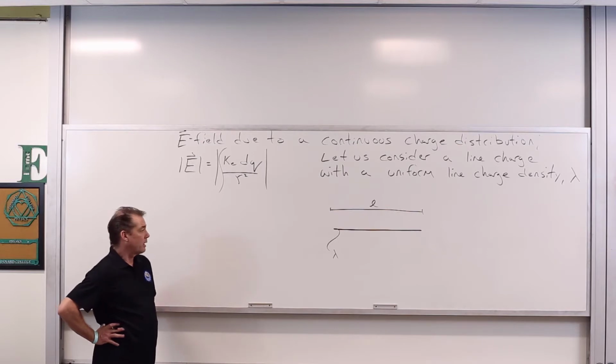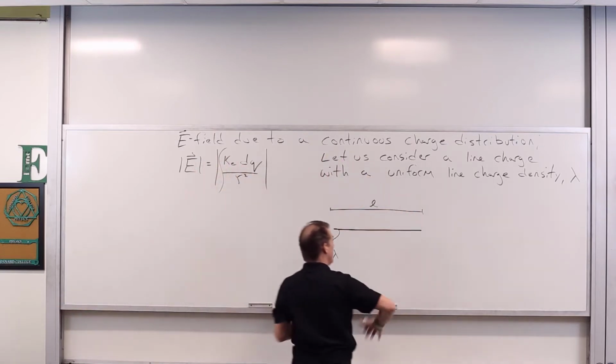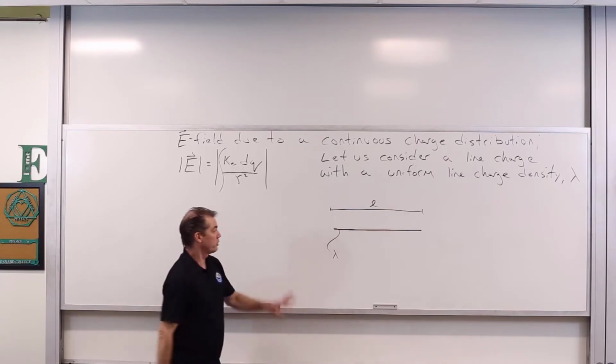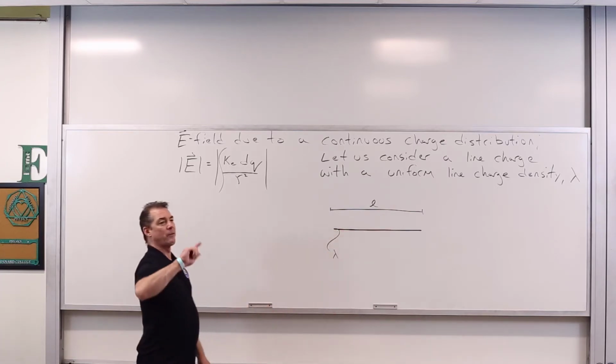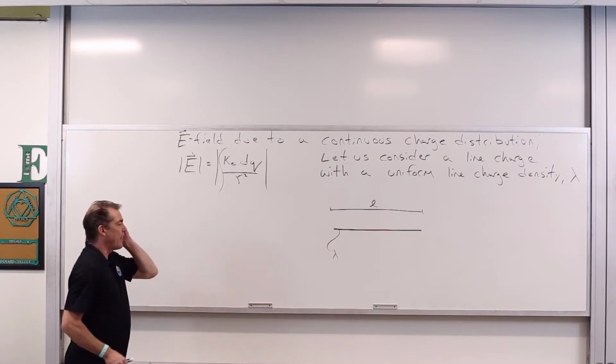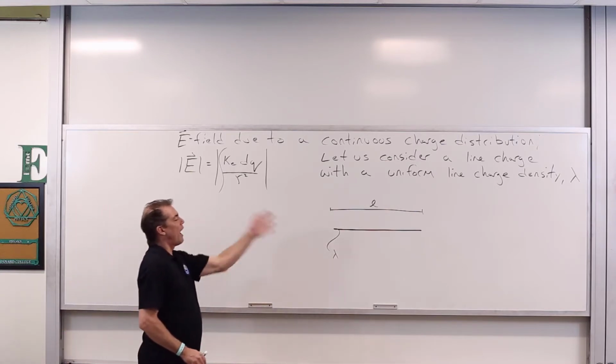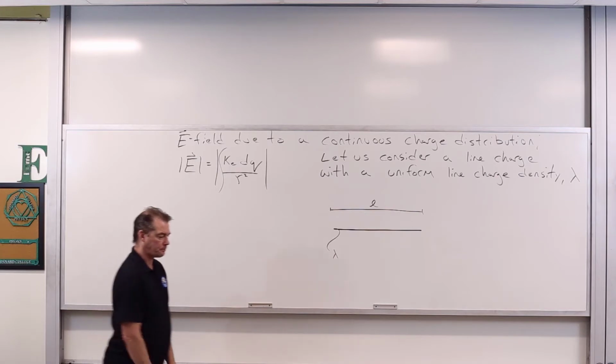Well, in order to answer that question, we have to be more specific. Like, where do you want to know what the electric field is, right? Because all over in space, there's an electric field that has a magnitude and direction due to this line charge. So we've got to be more specific. So we're going to start off with the simplest case, and that is, well, what if we're aligned with one of the ends?